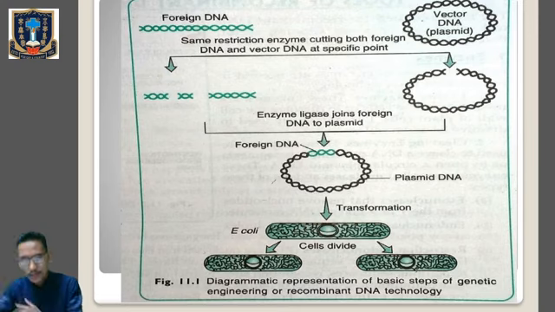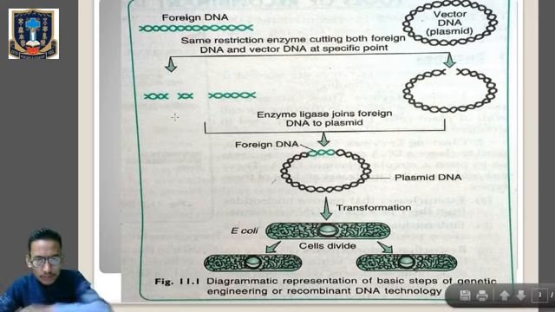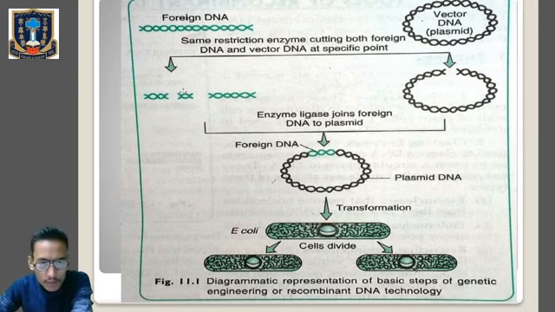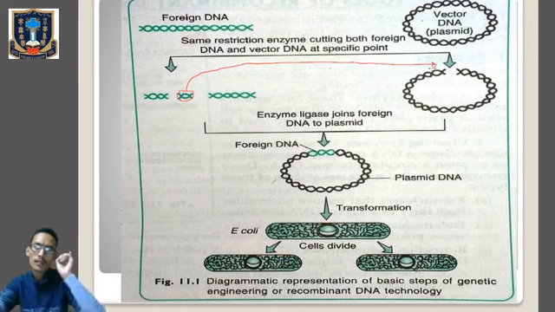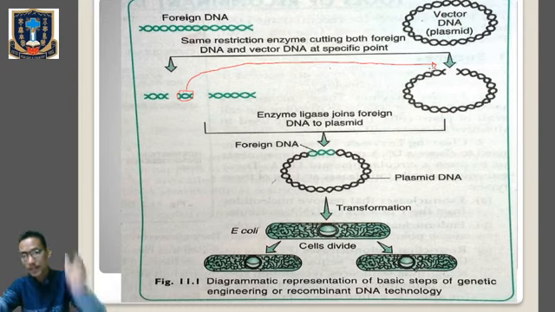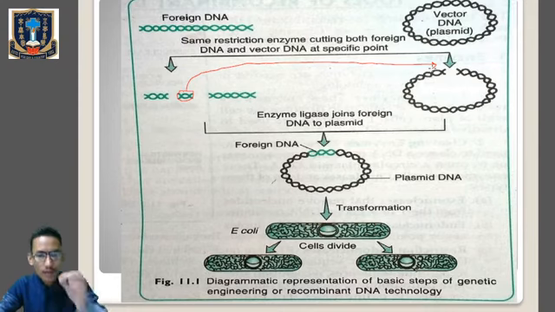Next, we will ligate or join this segment of DNA having the gene of interest into the plasmid vector. Remember, the same enzyme has to be utilized to cut the foreign DNA and the plasmid vector. Clear? We will not use 2 types of restriction enzymes. The same enzyme will be utilized to make a cut on the foreign DNA and on the plasmid vector.